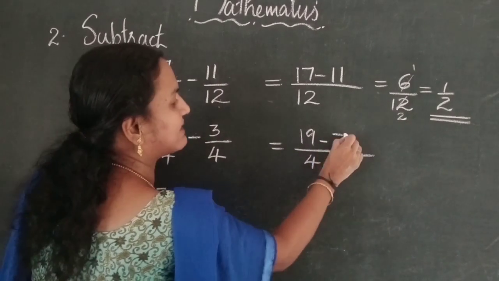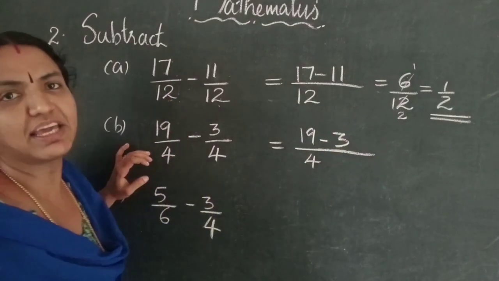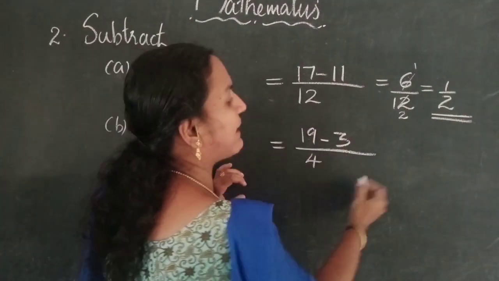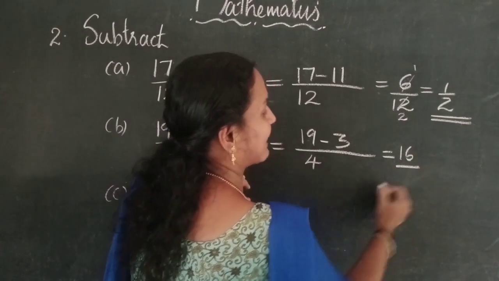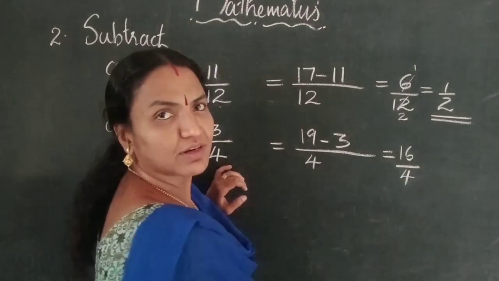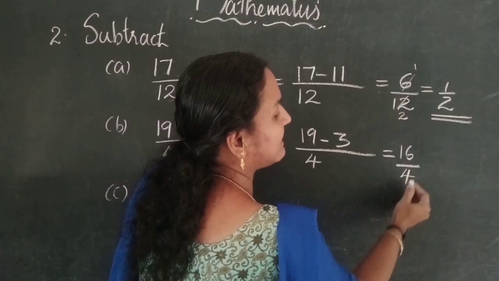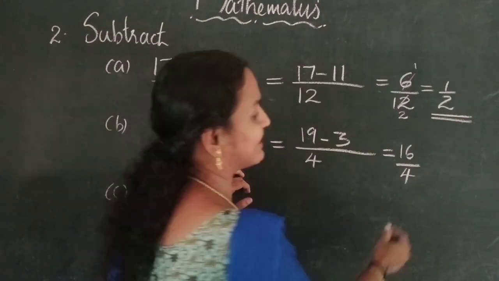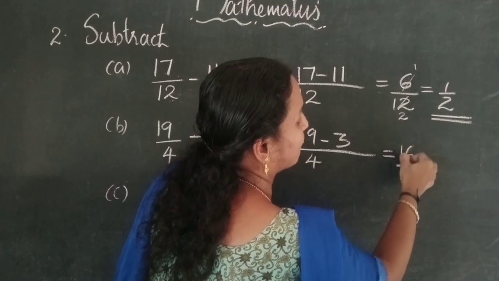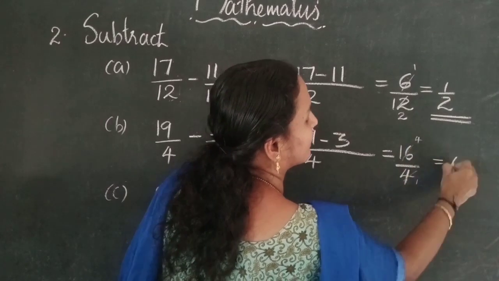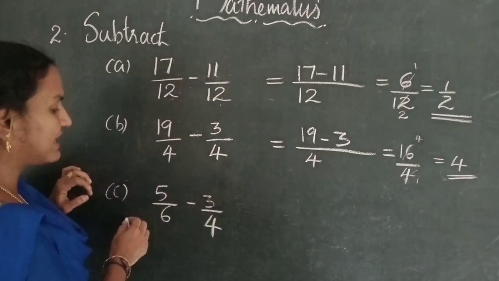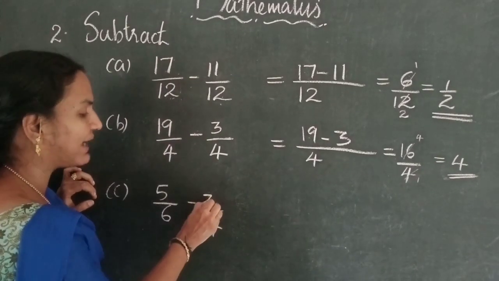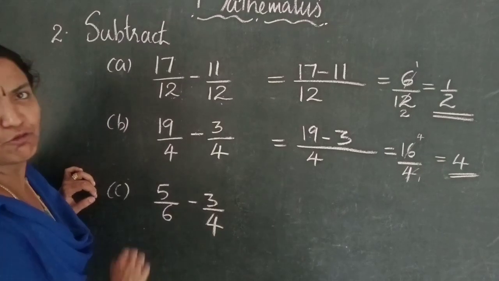So 19 minus 3 divided by 4. 19 minus 3 is 16. 16 divided by 4. How many 4s in 16? 4 4s are 16. So the answer is 4.